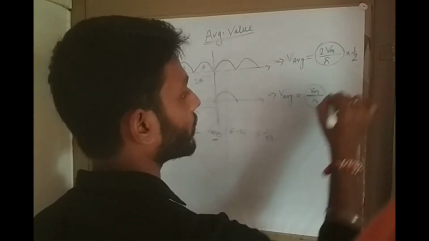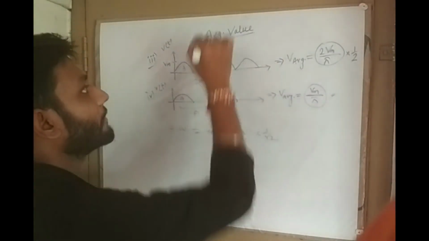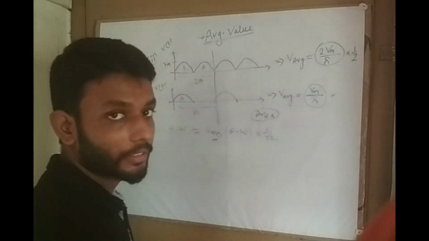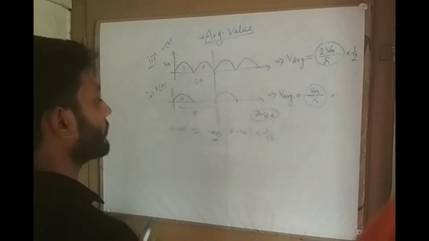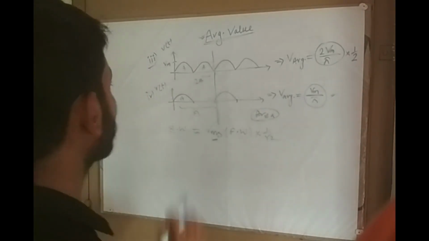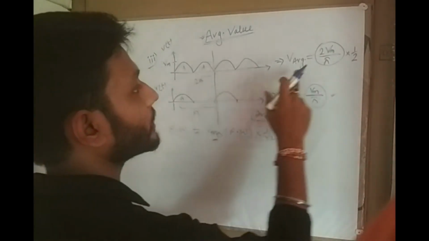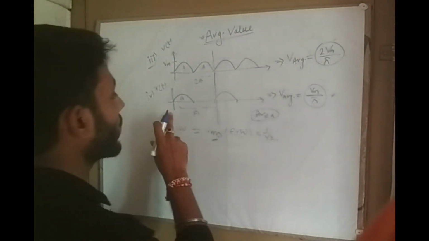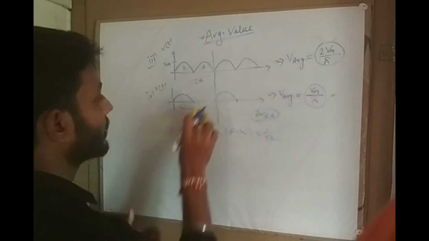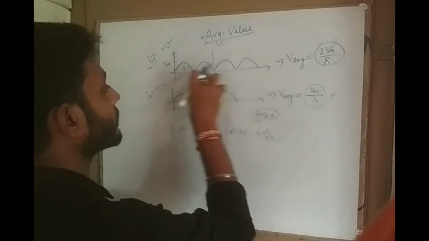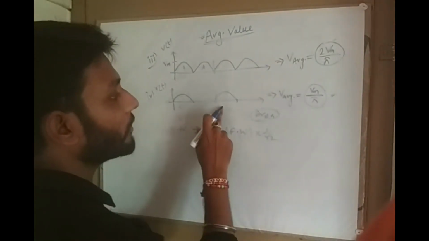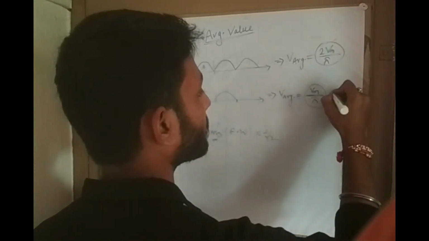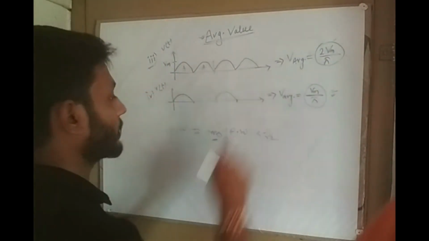That's why it's also coming half, because average value depends on the area of the signal. So for full wave rectifier output, the average value is 2 Vm by pi, and for half wave rectifier output, the average value is Vm by pi, that is half of this one.